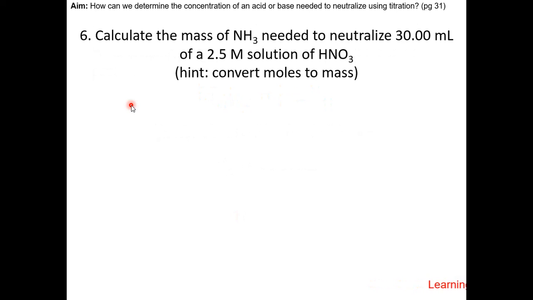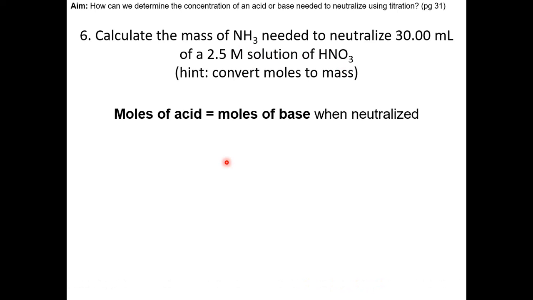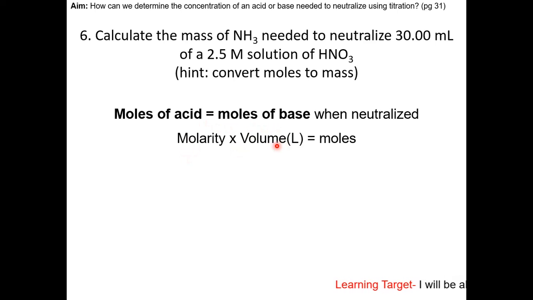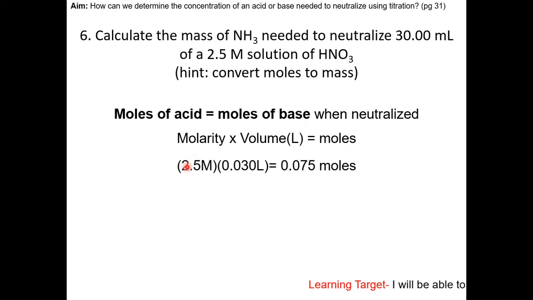Let's look at question 6 in your packet. Calculate the mass of ammonia needed to neutralize 30 mL of 2.5 molar solution of HNO3. We know at neutralization, moles of acid is equal to moles of base. So let's first solve for the moles of acid using the molarity equation. We know molarity times volume gives us moles. 2.5 molar times 0.030 liters gives us 0.075 moles.